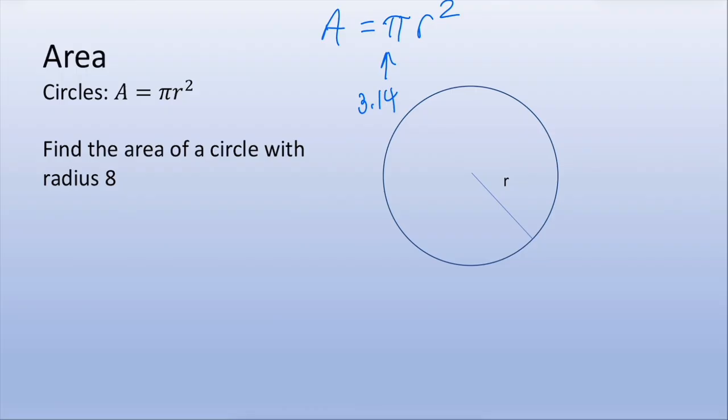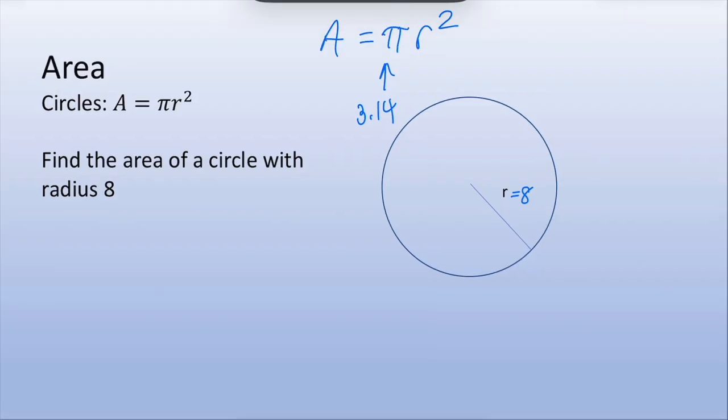So what you're really doing here is you are taking 3.14 times the radius squared. Now, what does that mean? Well, if the radius is 2, it's 2 squared, 2 times 2. If the radius is 5, it's 5 squared, 5 times 5. In this case, it says we have a radius of 8. So if our radius is 8, that's that length from the center out to one of the edges of the circle. That's your radius.